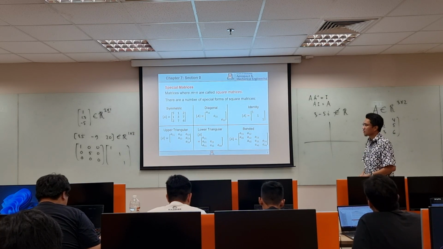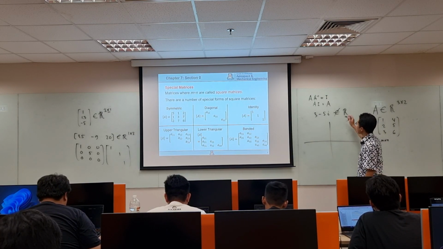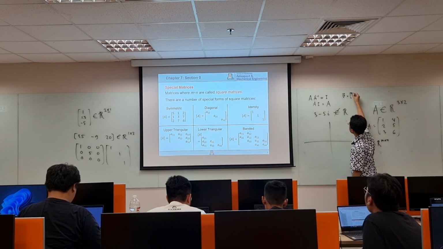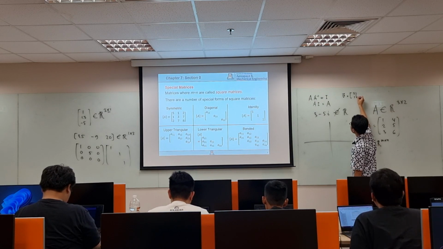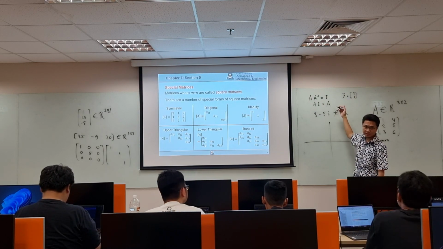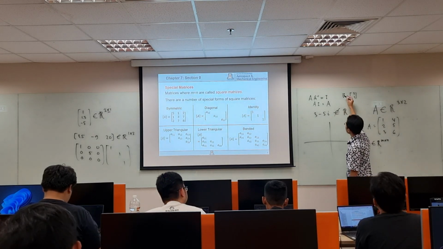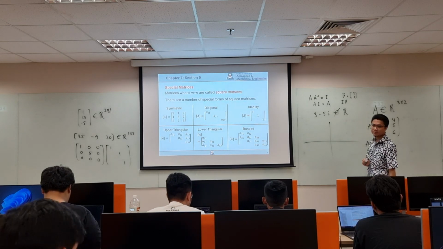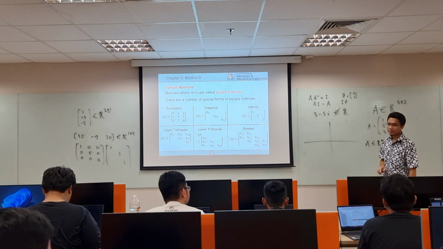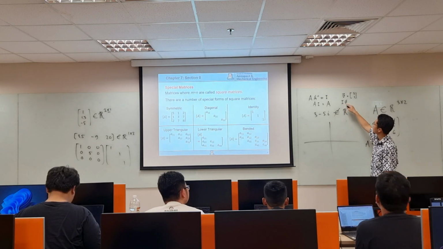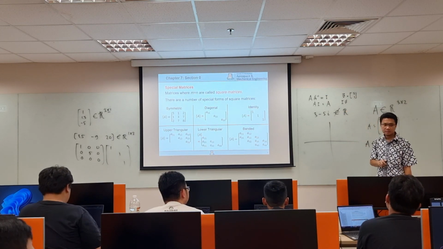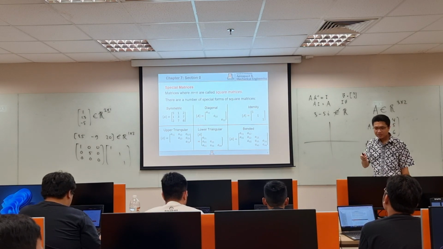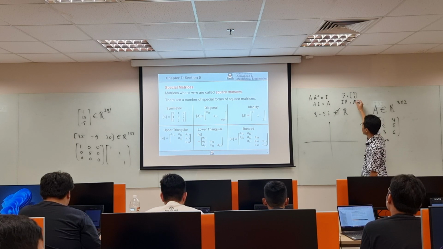What about if we have a vector? Let's say we have vector v, let's say this is 2 and 1, just a 2 by 1 vector. What if we multiply identity with that vector? What do we have? That vector itself, correct.